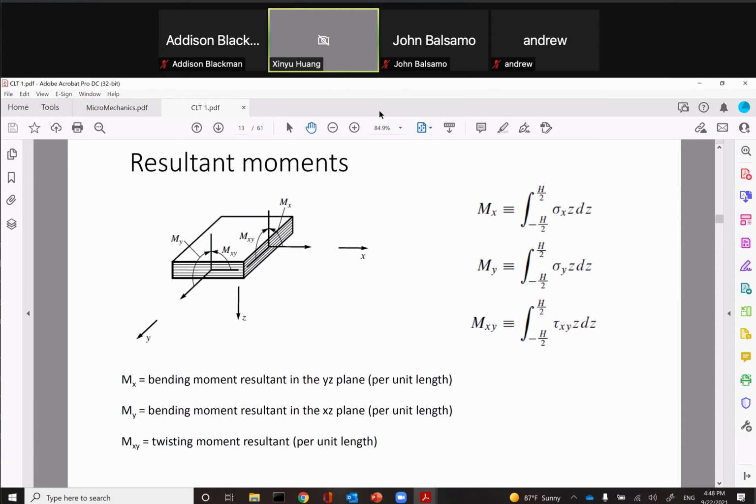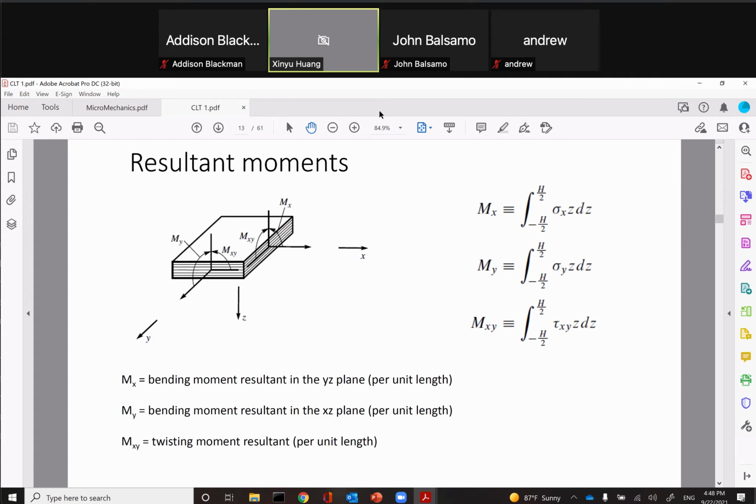It turns out as units of force, but that's really moment. That's what's weird, and you get confused. The true unit of Mx here is Newton or pound, but what it represents is the moment over a certain length.